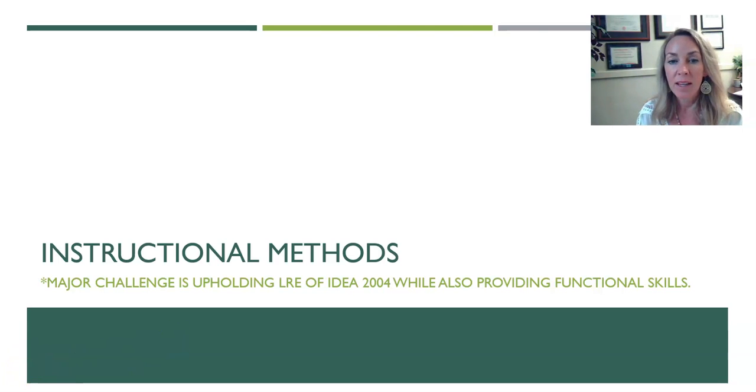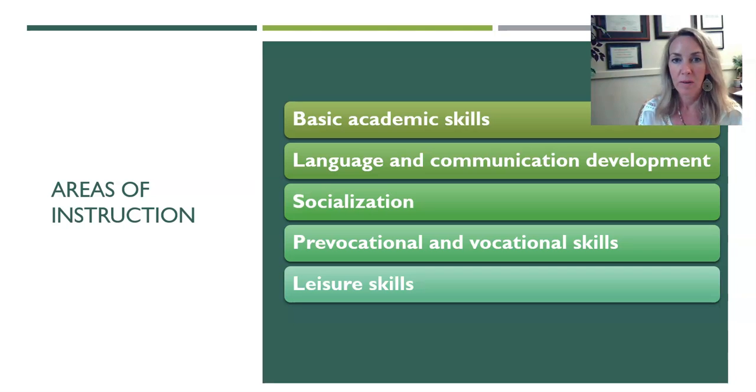But before we end this segment, I do want to just address some areas of instruction that need to be addressed and talk about a few of those instructional methods. So basic academic skills, functional reading and arithmetic, learning time, days, calendar, numbers from 1 to 10. We want to address language and communication skills, which includes memory skills and problem solving, at the level of the child's current ability.